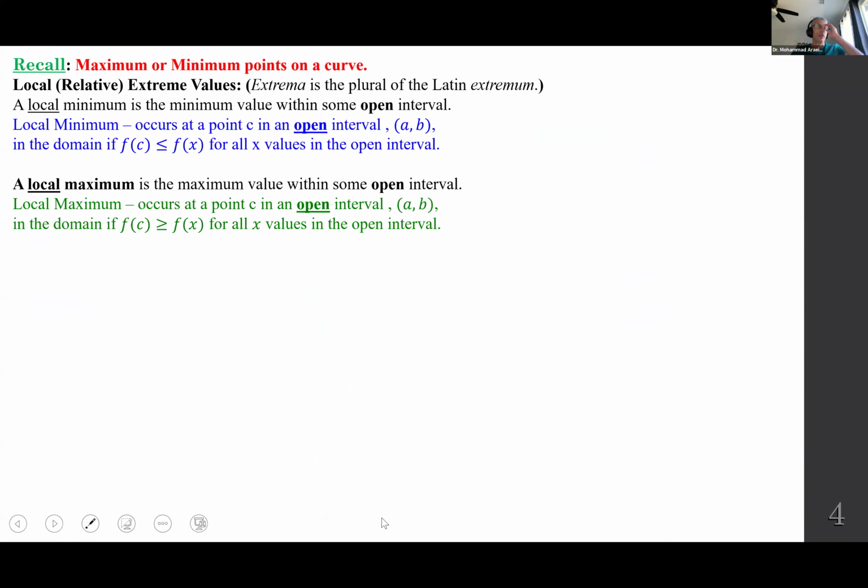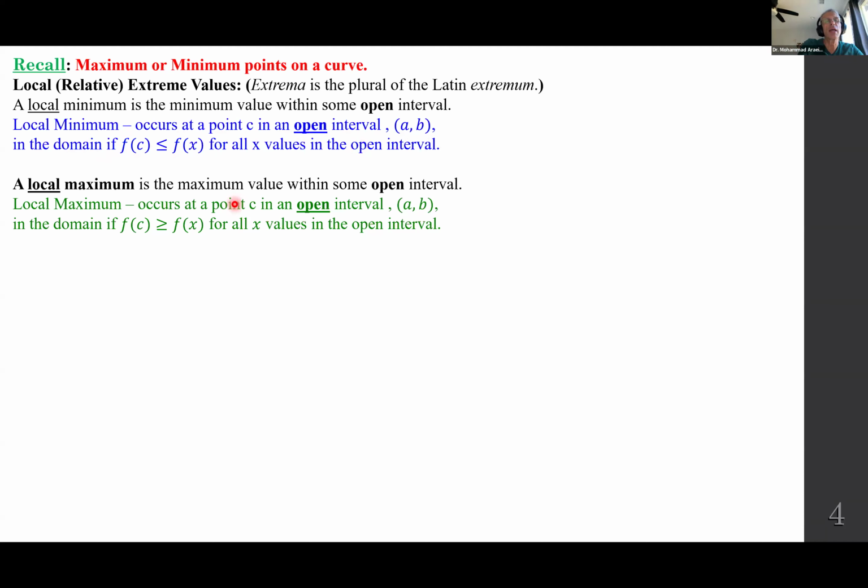Also, the definition of a min and max, local or relative extreme values. Extrema is the plural of the Latin extremum. A local minimum is the minimum value within some open interval. A local minimum occurs at the point c in an open interval a to b in the domain if f of c is less than or equal to f of x for all x values in some interval.